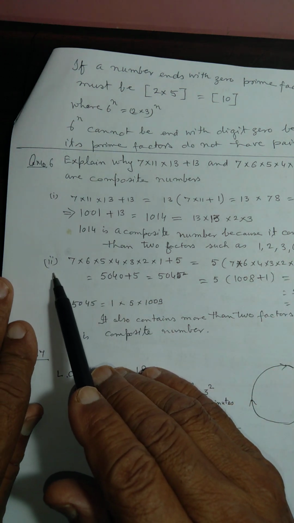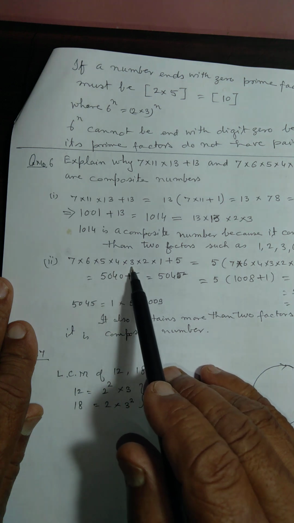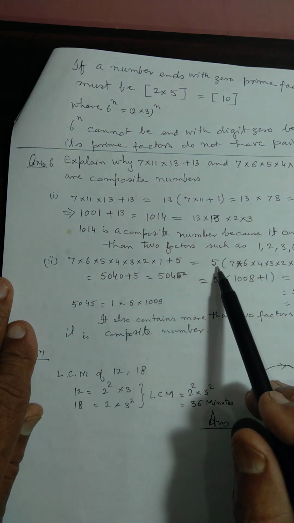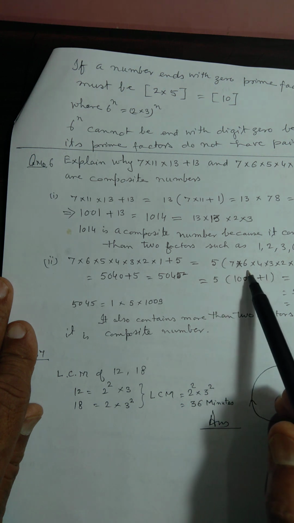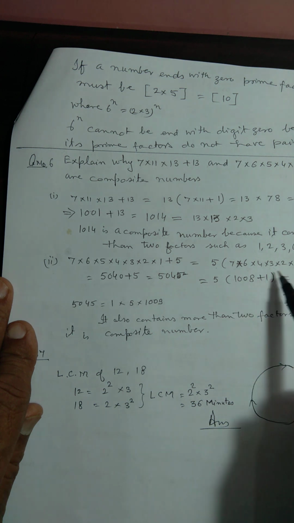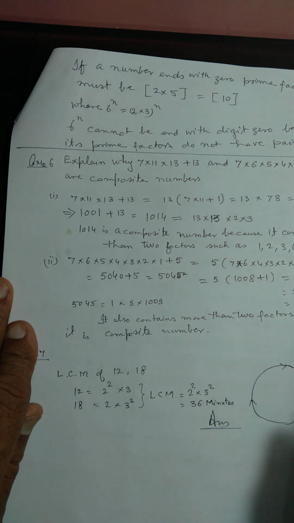Now the second part: 7 into 6 into 5 into 4 into 3 into 2 into 1 plus 5. I have taken 5 common, so 7 into 6 into 4 into 3 into 2 into 1 plus 1. If you solve it, you will get 1008 plus 1, which is equal to 1009.